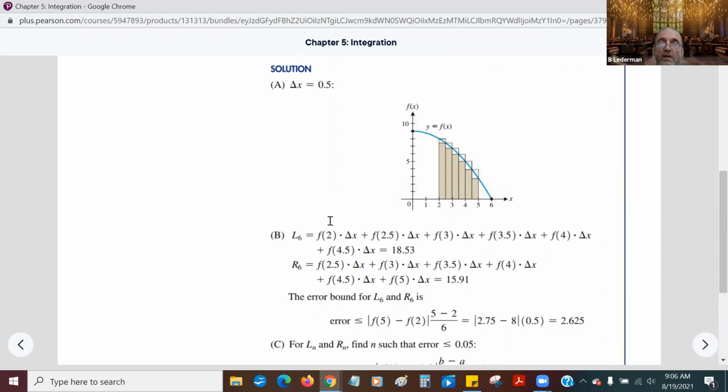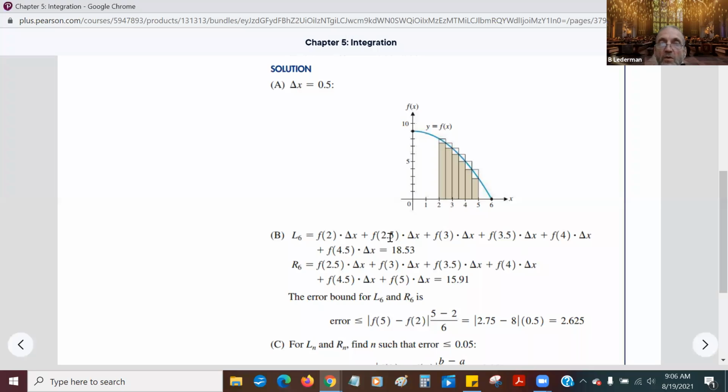Now, to get L6, I take f of 2, which is that starting value, times delta x, because the rectangle starts here and goes up to that point, which is f of 2.